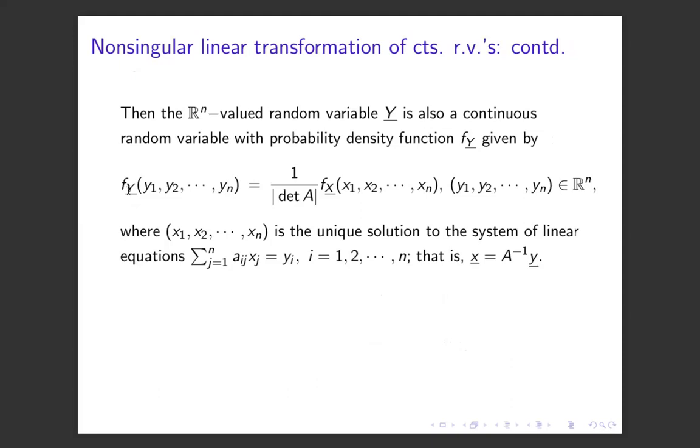F sub y bar at y1, y2, ..., yn is the reciprocal of the modulus of the determinant of A, 1 over mod determinant A, times f sub x at x1, x2, ..., xn, where this vector x is basically the inverse image of y under A. Or basically you can say that x1, x2, ..., xn is the unique solution to the system of linear equations.